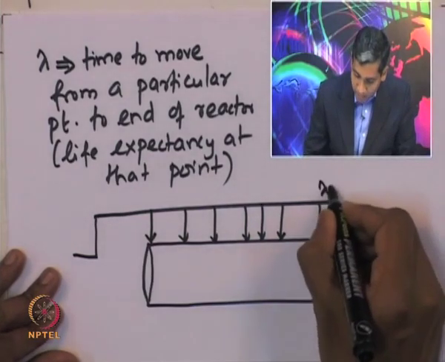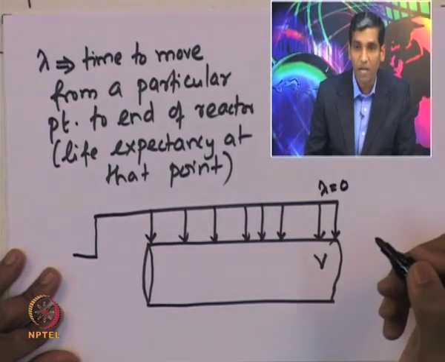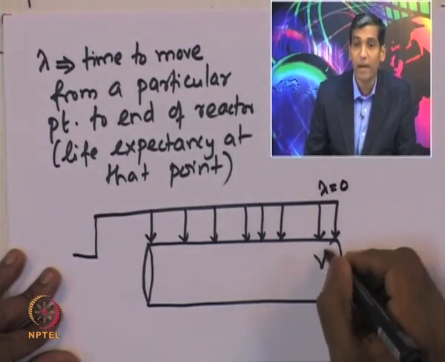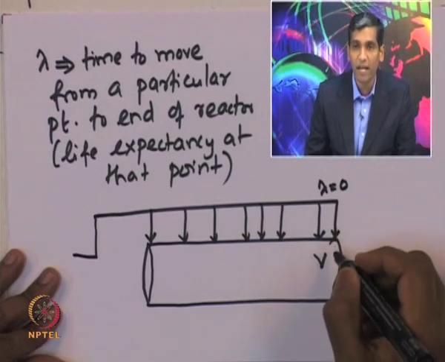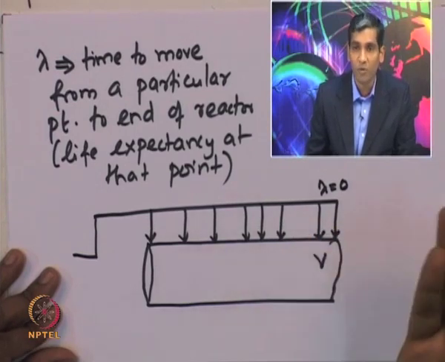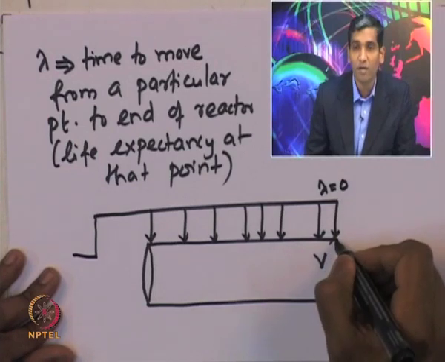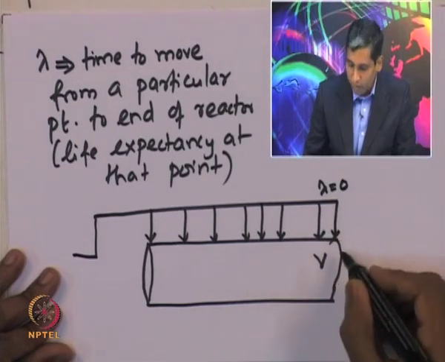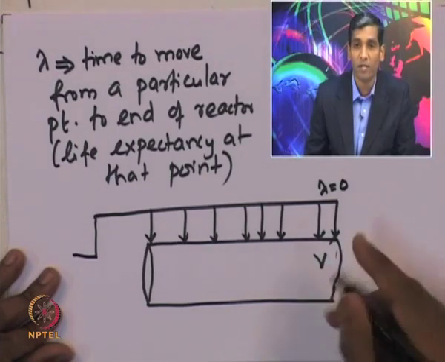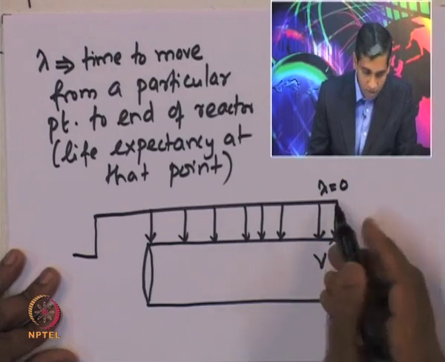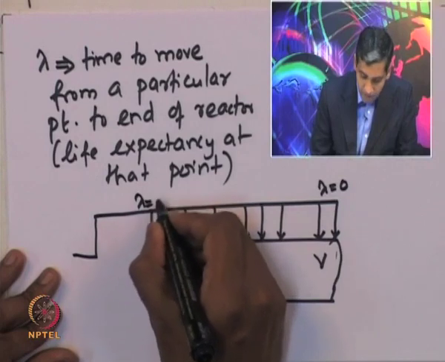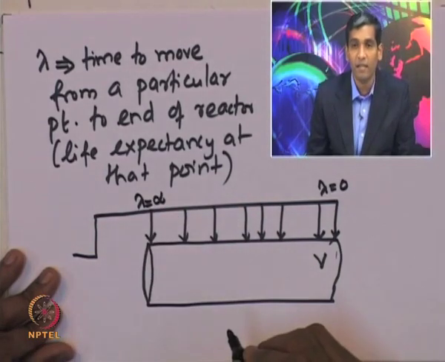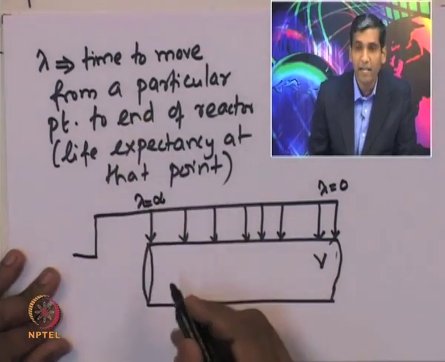Now, we assume that this is lambda equal to 0, because the time spent by the fluid that is pumped into the reactor near the exit of the reactor is almost equal to 0. So, lambda equal to 0, the life expectancy of the fluid that enters the reactor in this location, is going to be 0. Lambda equal to 0 starts from here, and then lambda equal to infinity, which is the maximum time taken inside the reactor, is at the entry of the reactor.